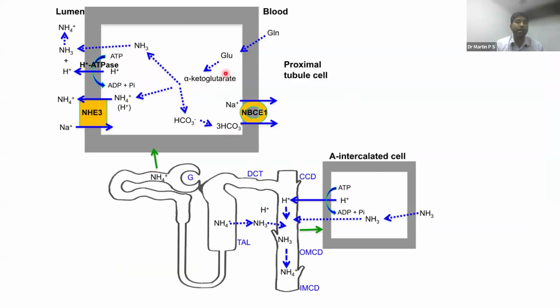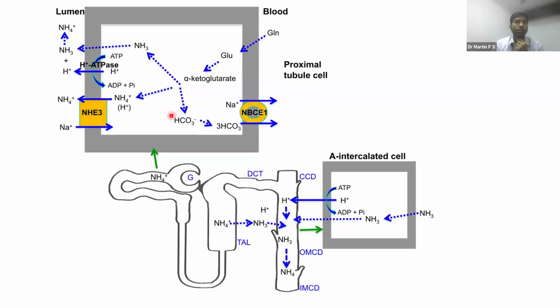Whenever there is acidosis, the body makes it a point to generate more and more ammonia. The more ammonia is generated, the better the acid is buffered, because we all know that the non-volatile acids can be titrated by titratable acids as well as by ammonia.